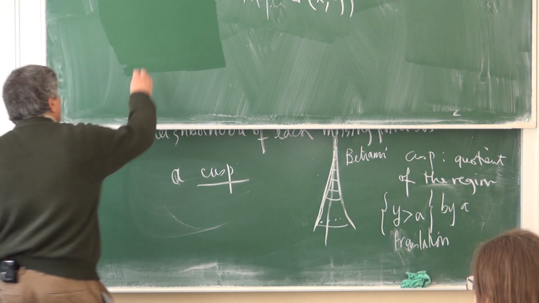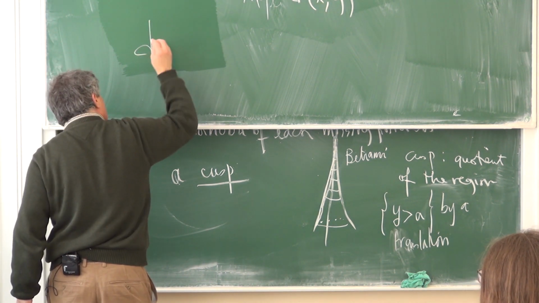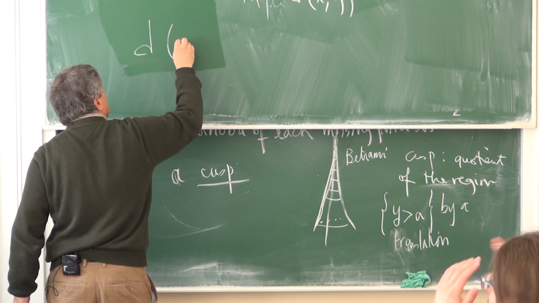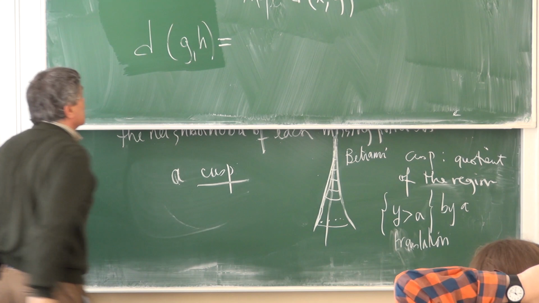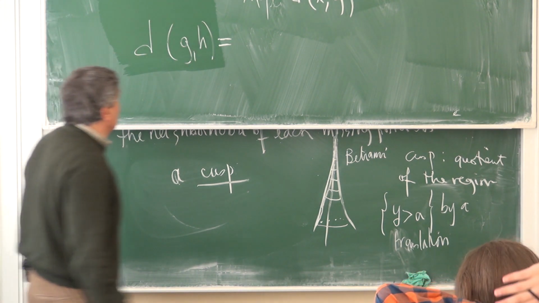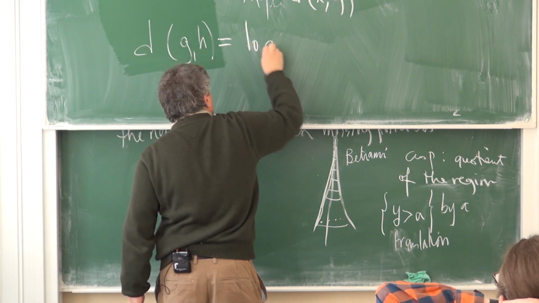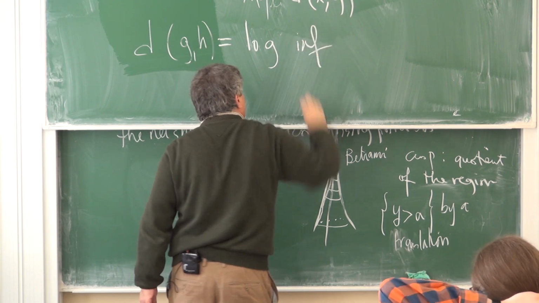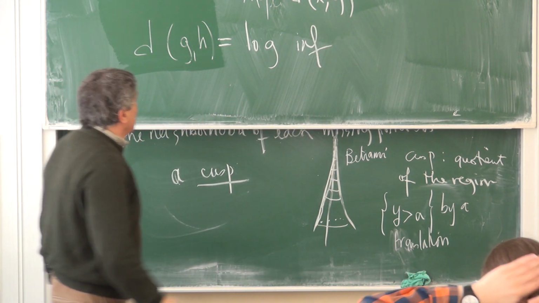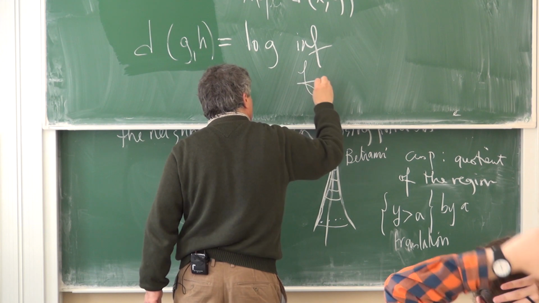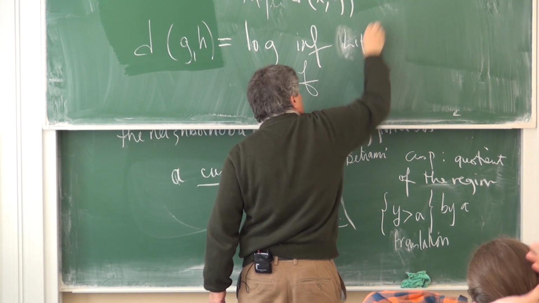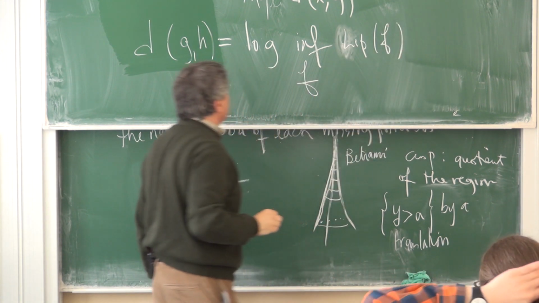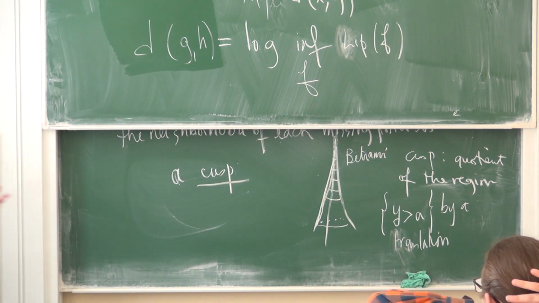And then I define the distance. This is the Thurston distance between G and H as the log of the infimum over all f of the Lipschitz constant of f. What is f here?